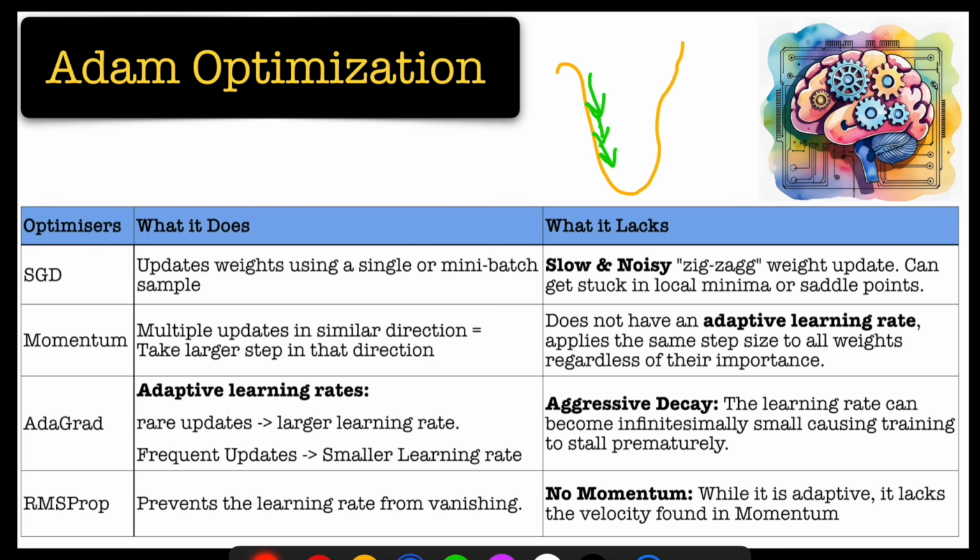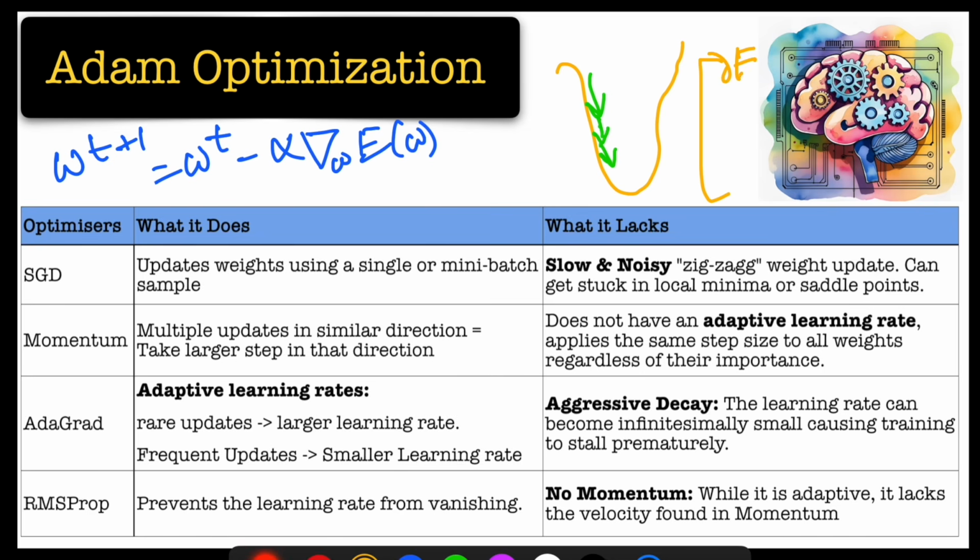Our gradient descent update is something like this: W(t+1) is W(t) minus alpha times the gradient of the error function. This is the vanilla gradient descent. The gradient of this error function is something like this: del E by del W11, del E by del W12, and so on.